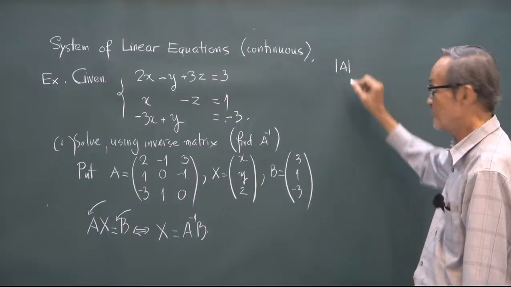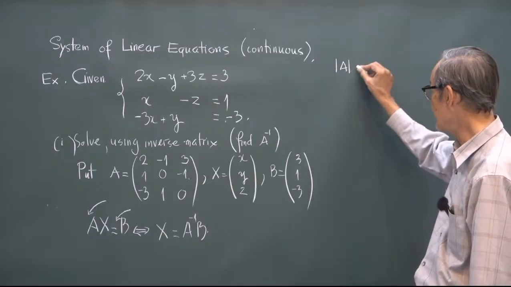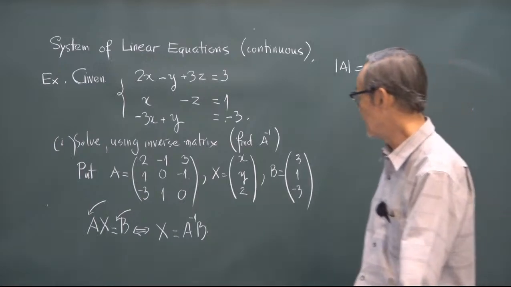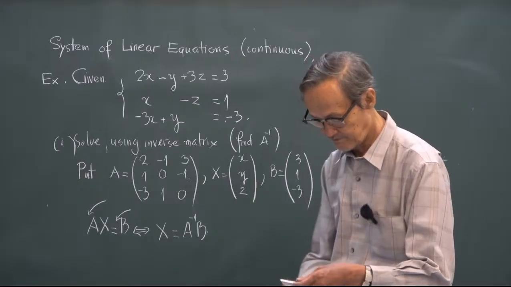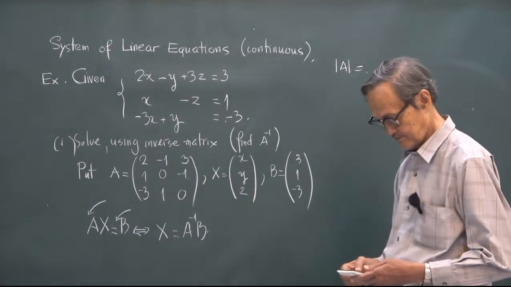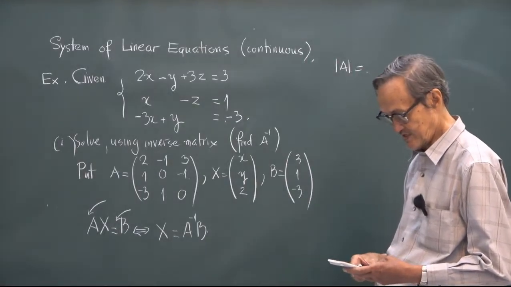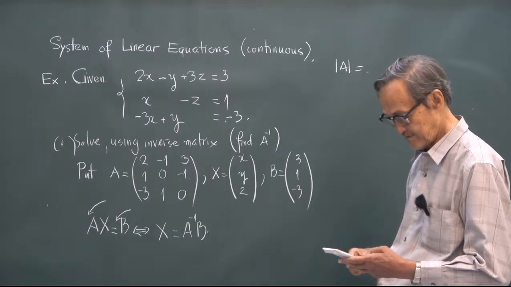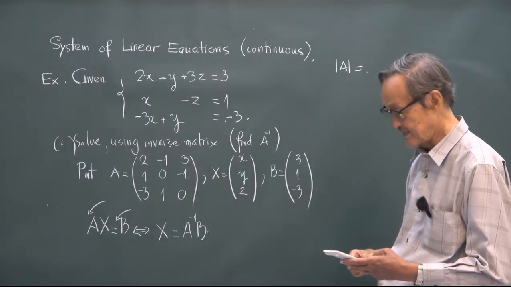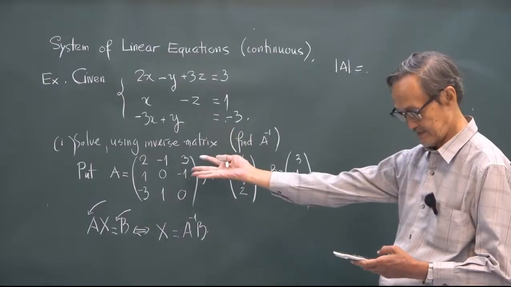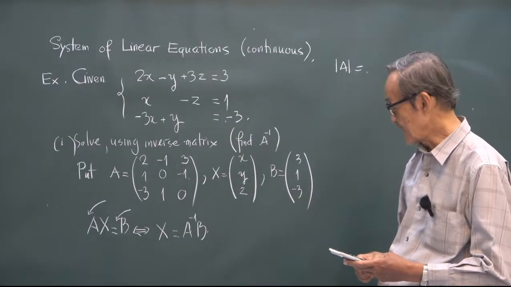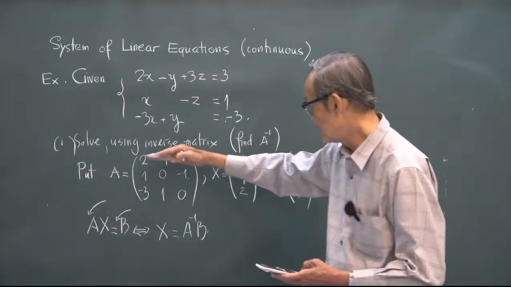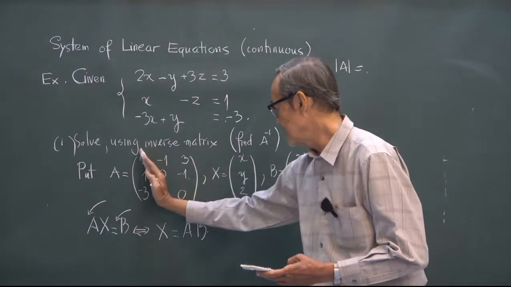First, we have to find the determinant of A. For this, you can use the calculator. Mode number 4. Define matrix number 1, mat A. Number of rows, 3. Number of columns, 3. 3 rows, 3 columns.